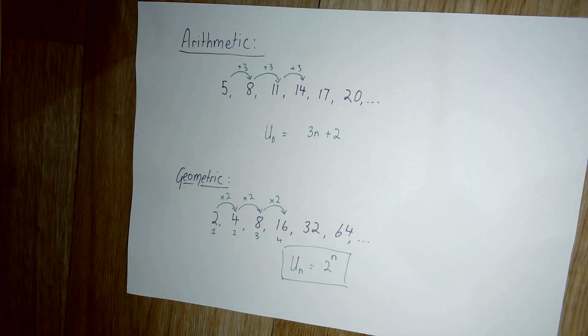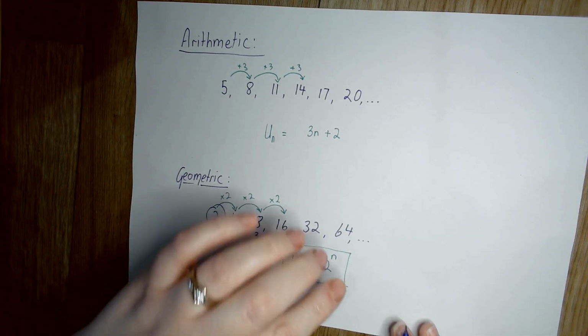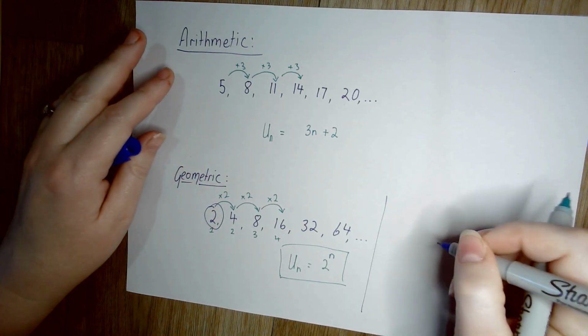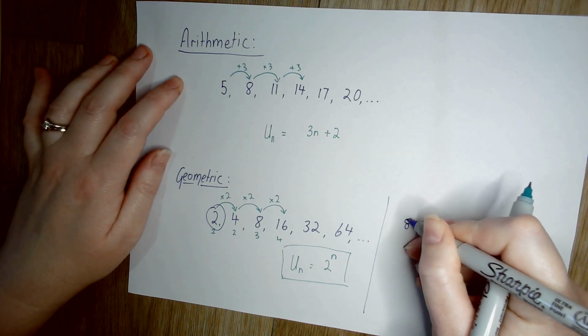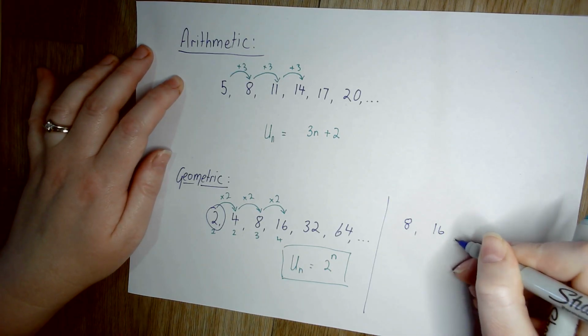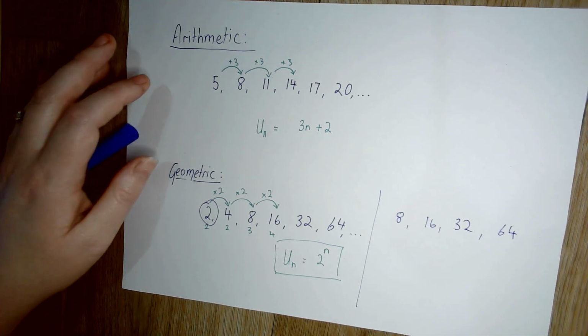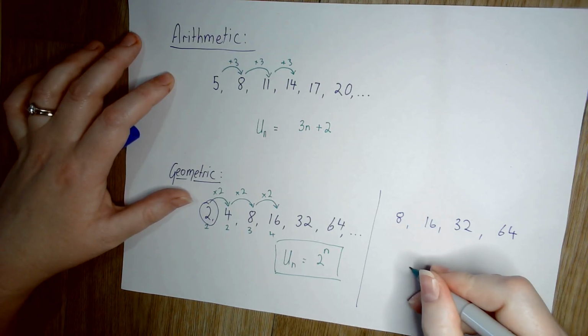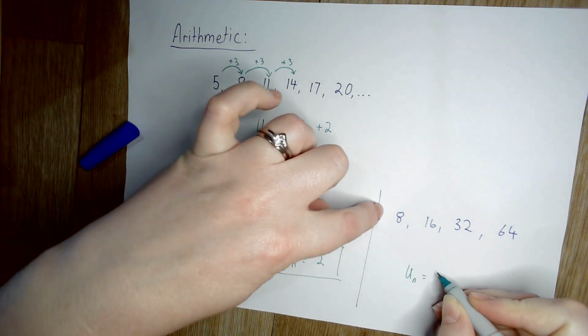Now I'm just going to show you that if this sequence didn't start at 2, we're lucky that it started at 2. If, however, we started from 8, so if it went 8, 16, 32, 64, we can't use just 2 to the power of n, because that would have us starting at 2.